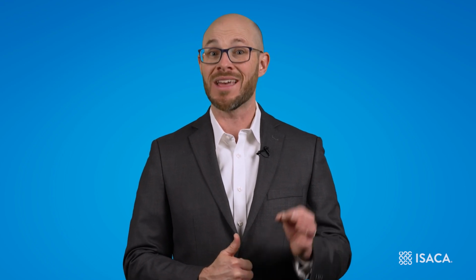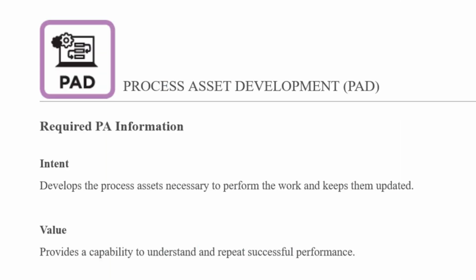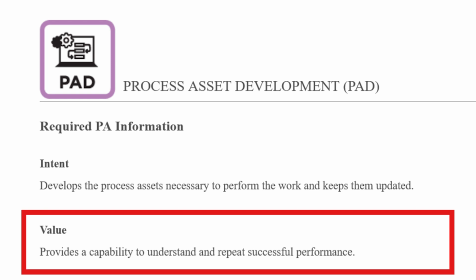Just as developing new products involves work, so too does delivering services, and PAD supports the development of assets to help in all such situations and many more. The value statement points to a clear relationship between well-defined processes and repeatable, successful performance.